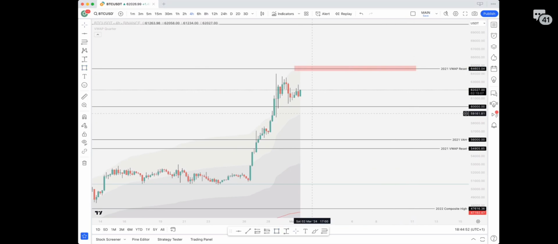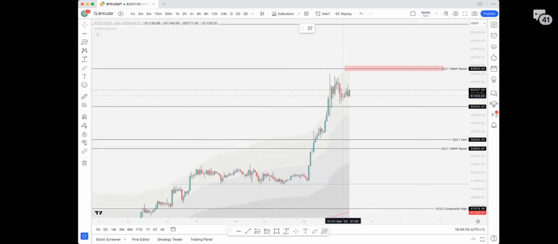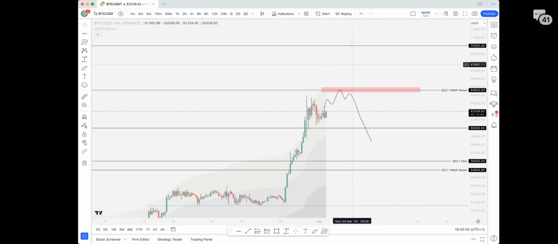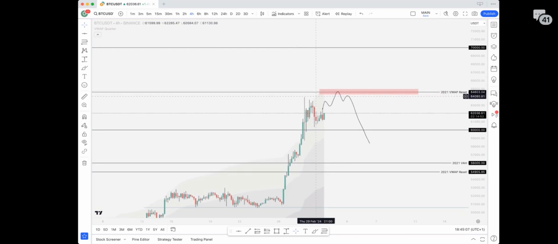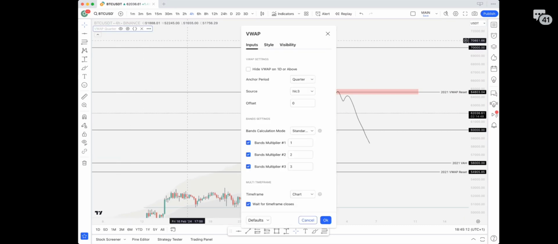Okay, so a live example of VWAP would be potentially doing some scalps up here. But just to remind you, I am mega bullish on Bitcoin, so at some point it will break through here, but it will definitely struggle. So doing some shorts off this VWAP here, I'll just make this super clear by turning on the lines.